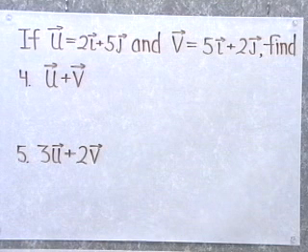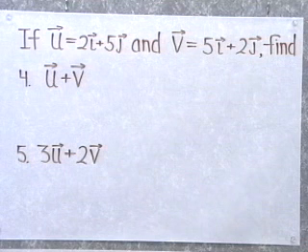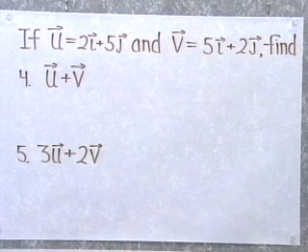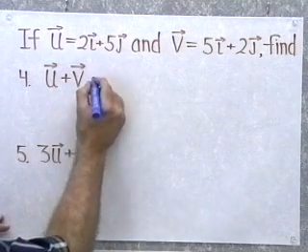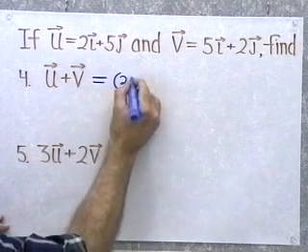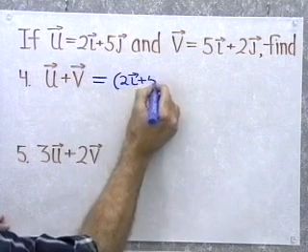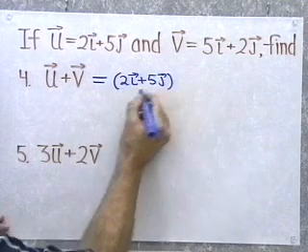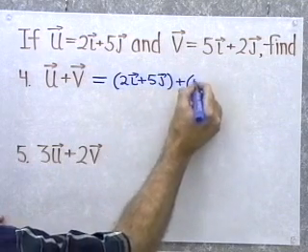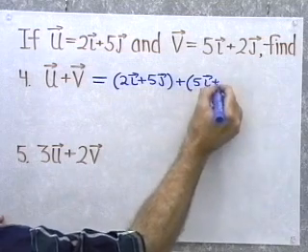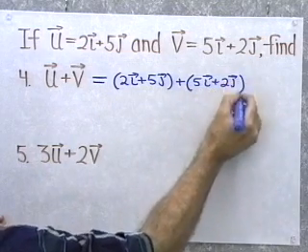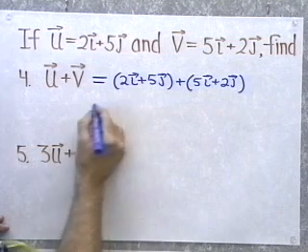So if u is equal to 2i plus 5j and v is equal to 5i plus 2j, let's find the sum of u and v. Well, with algebraic vectors, that's really a simple process, and it looks like this. It will be 2i plus 5j, that's u, plus v, which is 5i plus 2j. Now we add, just like we would add similar terms.